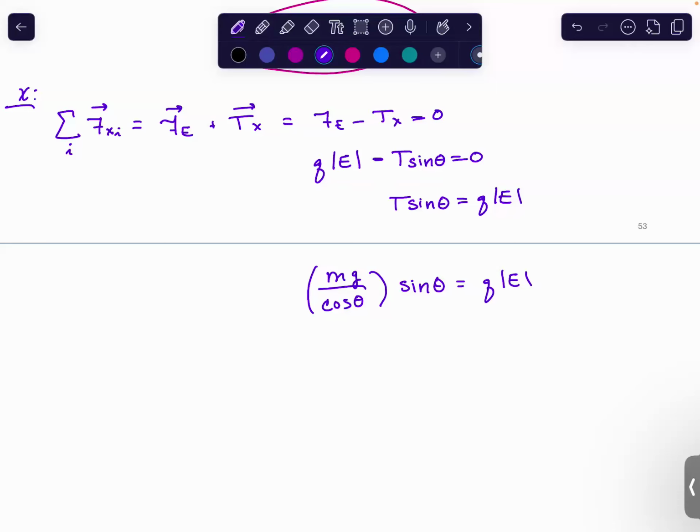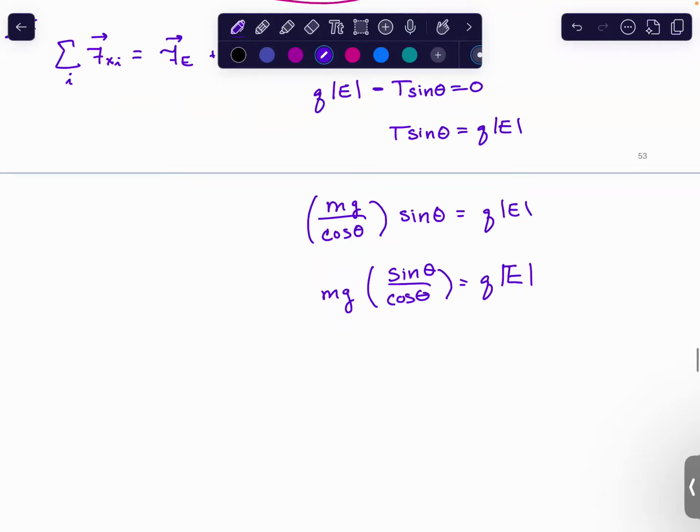So we're going to have mg sine over cosine equals QE. So it's going to give me mg, and that's the definition of tangent theta.